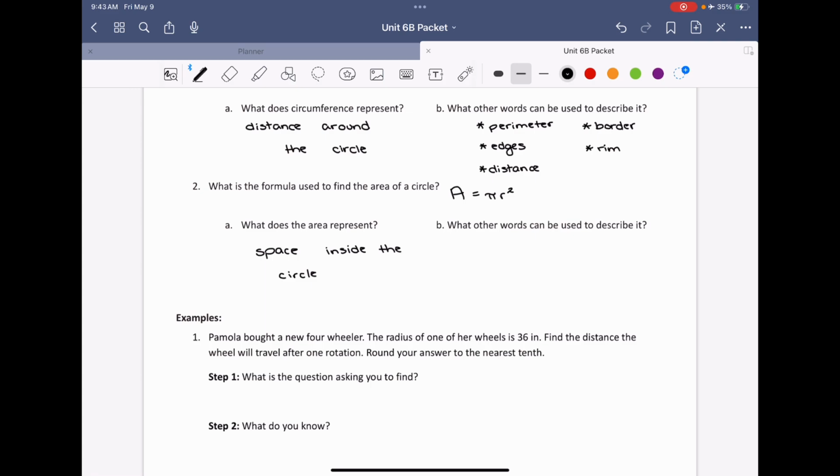Other words to describe it, we could do just space, square units, and then your units change because it's always going to say, how many inches squared is this? Squared units would tell you that you should be finding area. And maybe the region that is shaded might show up, okay?